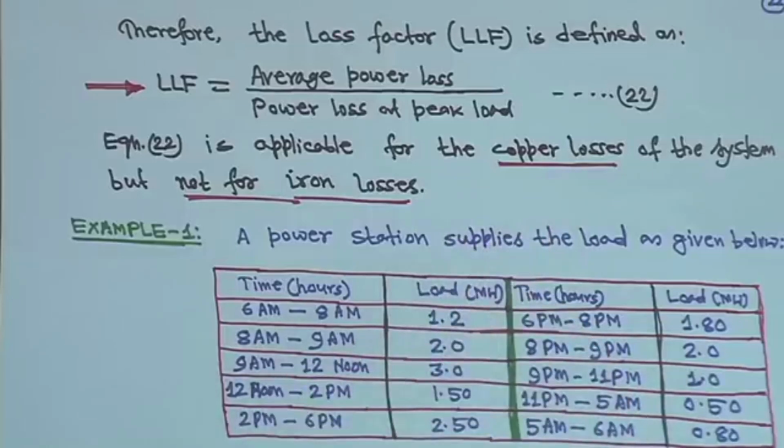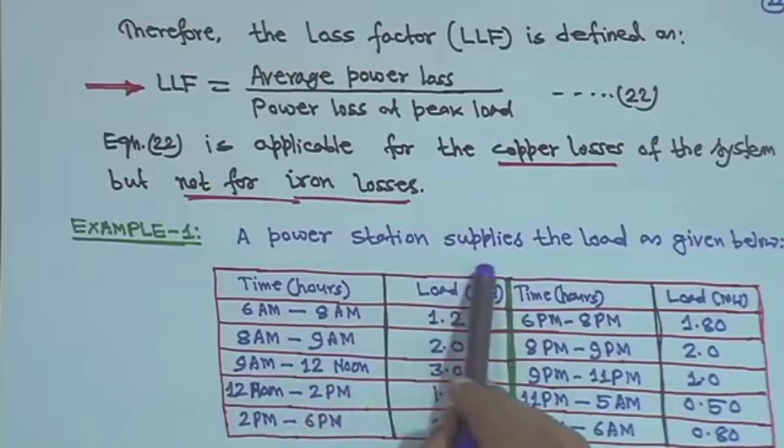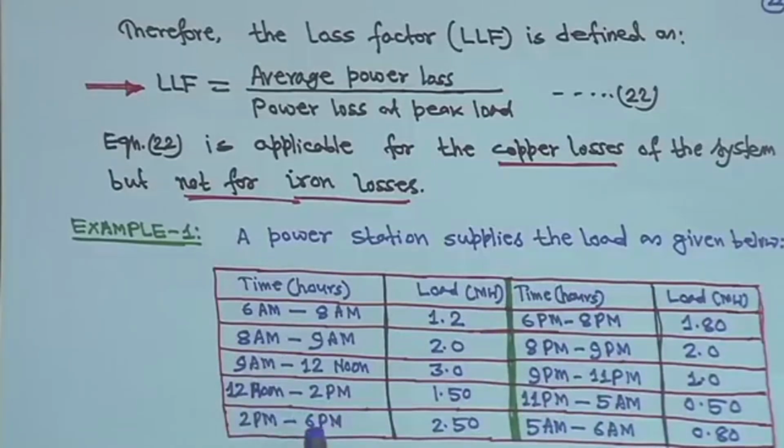Next, we will take one example. A power station supplies the load as given below, with time duration given. Time 6 am to 8 am, load is 1.2 megawatt; 8 am to 9 am, load is 2 megawatt; 9 am to 12 noon, 3 megawatt; 12 noon to 2 pm, 1.5 megawatt; 2 pm to 6 pm, 2.5 megawatt; 6 pm to 8 pm, 1.8 megawatt; 8 pm to 9 pm, 2 megawatt; 9 pm to 11 pm, 1 megawatt; 11 pm to 5 am, 0.5 megawatt; and 5 am to 6 am, 0.8 megawatt.